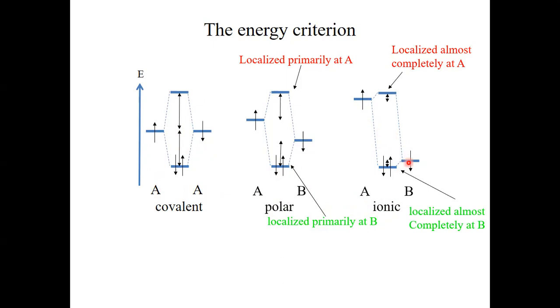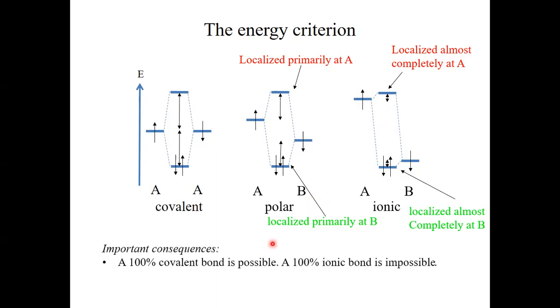But in fact, the energy difference is almost always finite, and because of that, there's always at least some degree of electron sharing between the atoms A and B. And there's always at least a small degree of covalent bonding possible in ionic bonds. Okay.